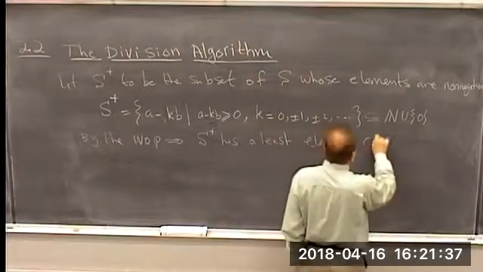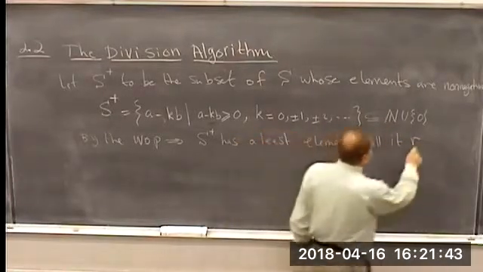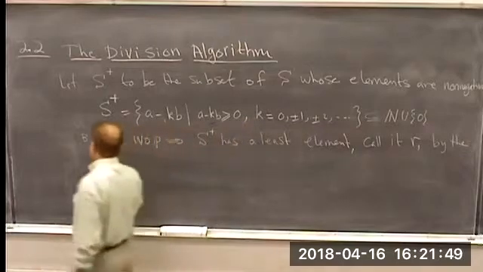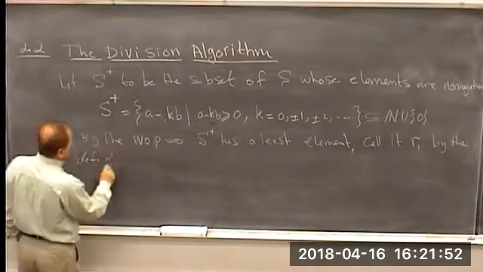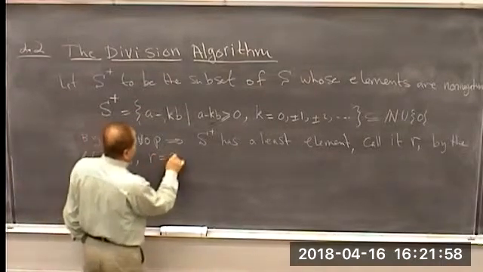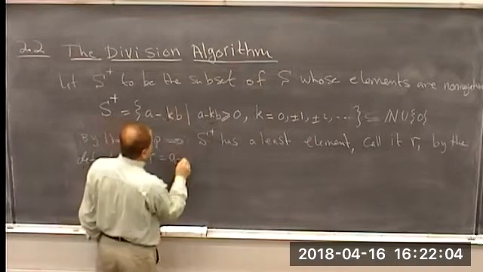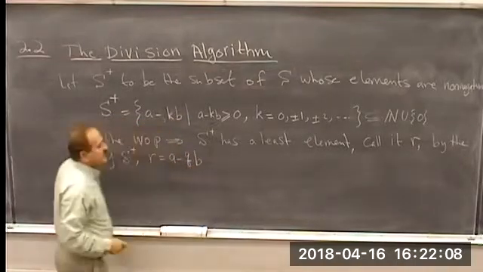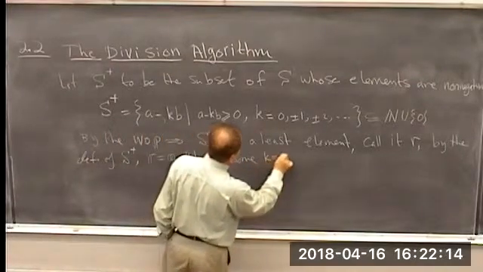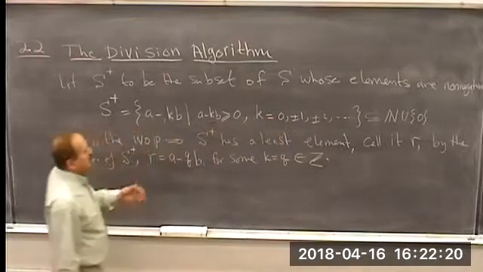We're going to call it R. By the definition of S plus, R is going to equal A minus some integer K times B. We're going to call this integer Q, so for some K, which is equal to Q, and this is an integer.